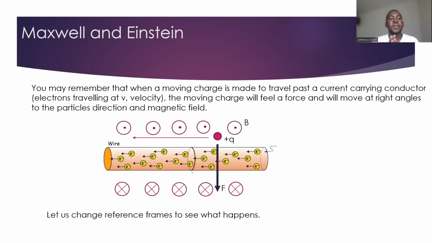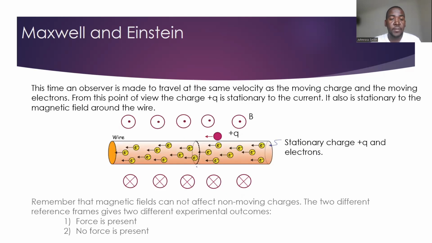Now, what we have here is that when a moving charge is made to travel past a current carrying conductor, the moving charge will feel a force and will move at right angles to the particle direction and the magnetic field. Let us change the reference frame to see what really happens.